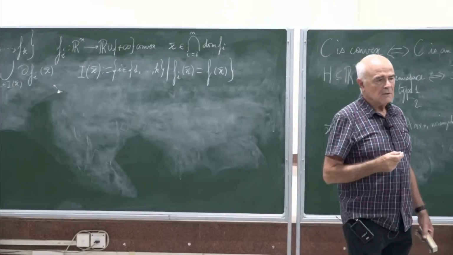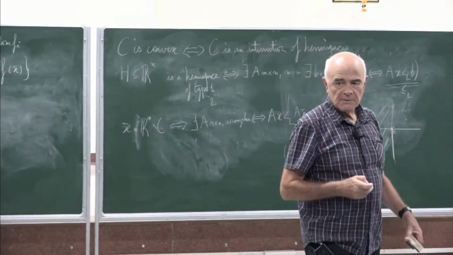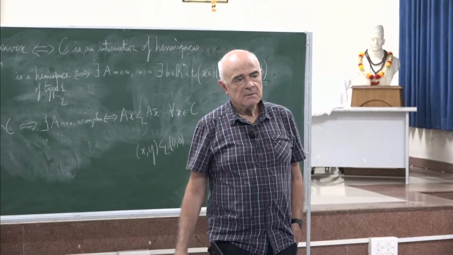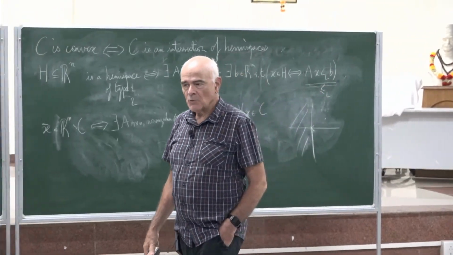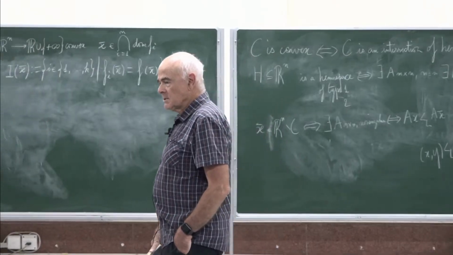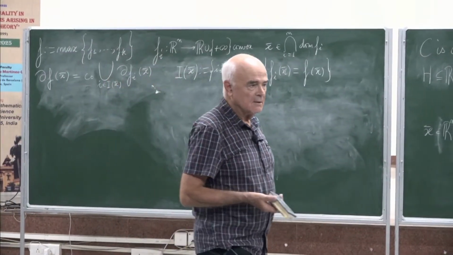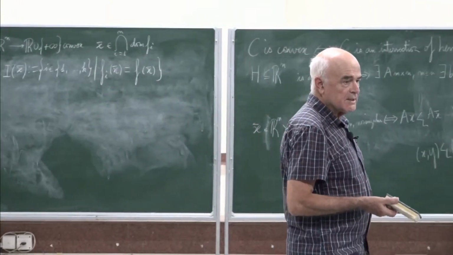This is called Valadier's formula. Valadier is a mathematician from the University of Montpellier in France. Montpellier was for some time the capital, world capital of convex analysis.